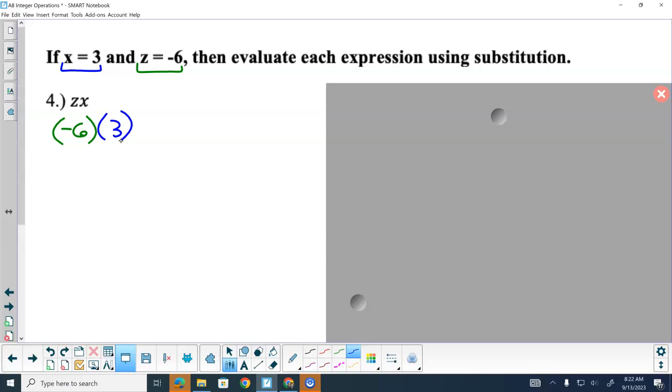Minimal, that's what you need to do. You need to write that substitution step out. So negative 6 times positive 3 is negative 18.